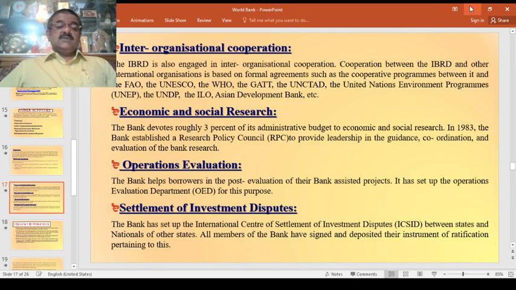Next, settlement of investment disputes. There are always problems in that respect between the bank and sometimes the borrower and sometimes between governments. For settlement of investment disputes, the bank has set up the International Center for Settlement of Investment Disputes, called ICSID, between states and nationals of other states. All members of the bank have signed and deposited their instruments of ratification pertaining to this.